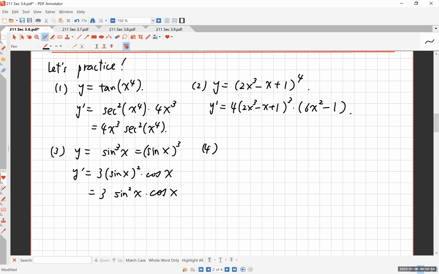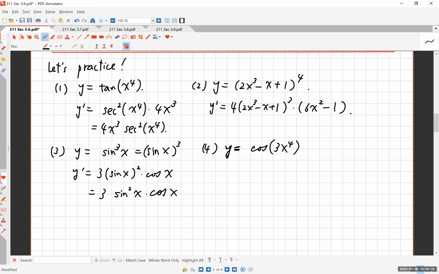All right, let's go to the fourth one. How about y is cosine of 3x to the fourth? Oh, and by the way, this is okay, but I just want to make sure that you understand it's not cosine of 3 times x to the fourth. It's cosine of this quantity, right? So to avoid ambiguity, I recommend that you put parentheses in here.